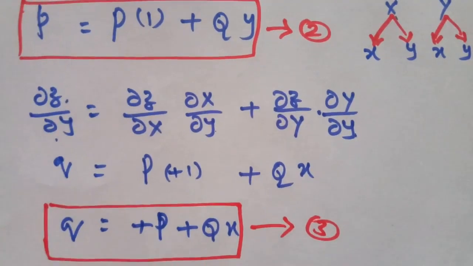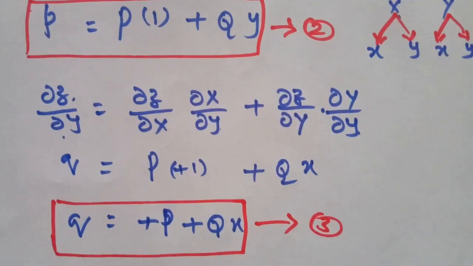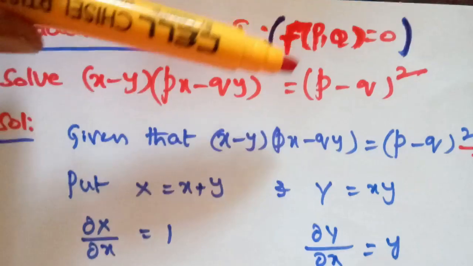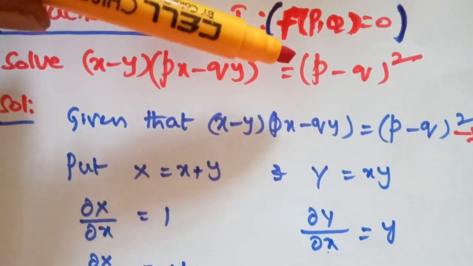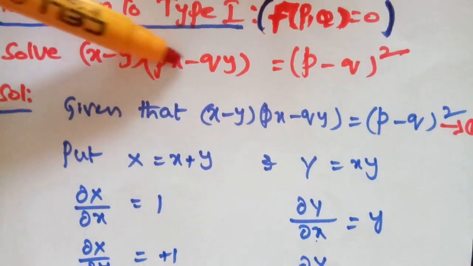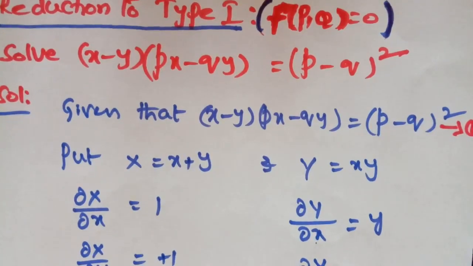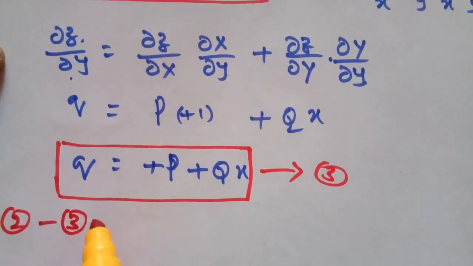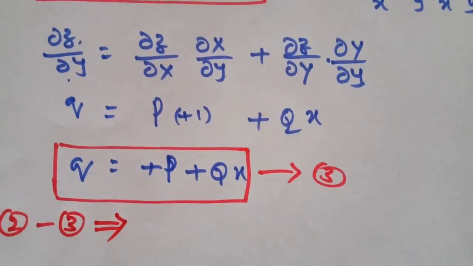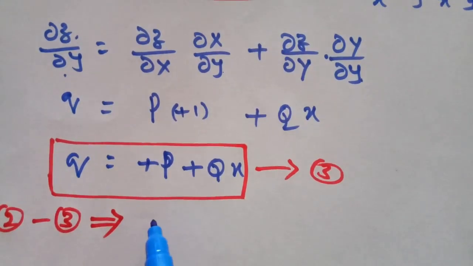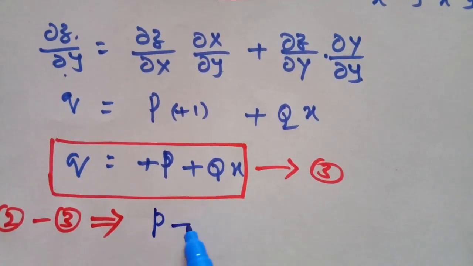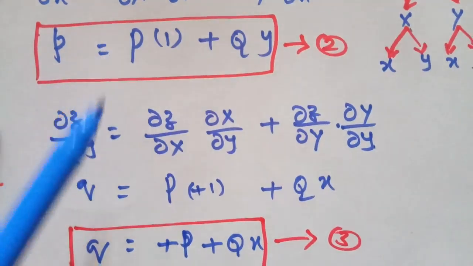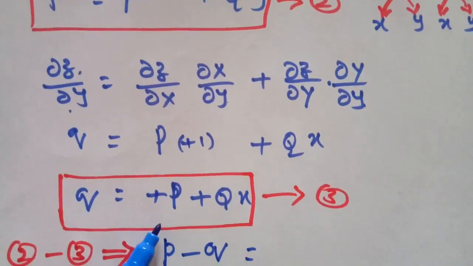Now, in the given problem, we have p minus q. Now we have to find the value of p minus q and then px minus qy. From equation 2 minus equation 3, the left-hand side is p minus q, which equals P minus P, which gets cancelled.